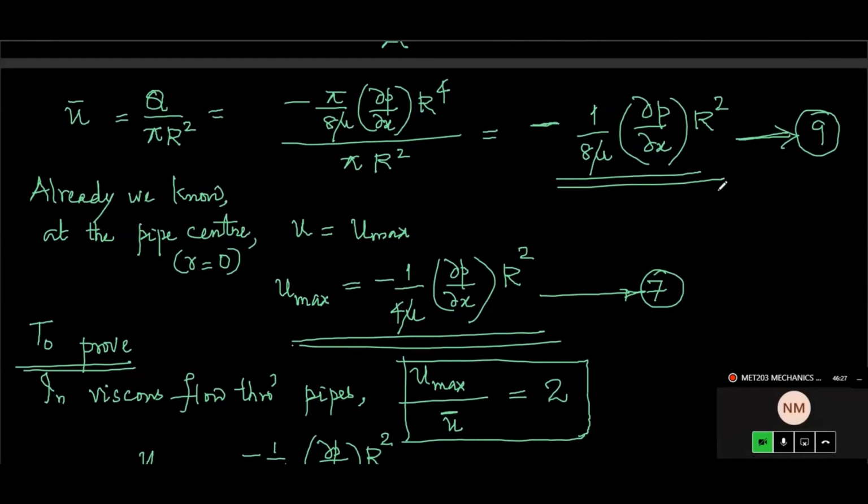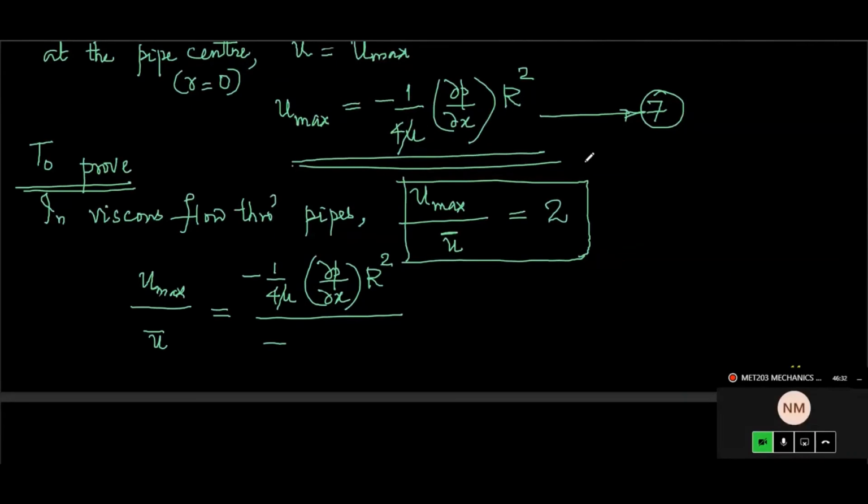So U bar is equal to minus 1 by 8 mu into dou P by dou X into R square. So what do you get? You take the reciprocal and multiply by this minus 1 by 4. See, the rest of the terms are common, and it's only 1 by 4 and 1 by 8 in the denominator. So the answer will be 2. Okay, it's a very important expression for you.